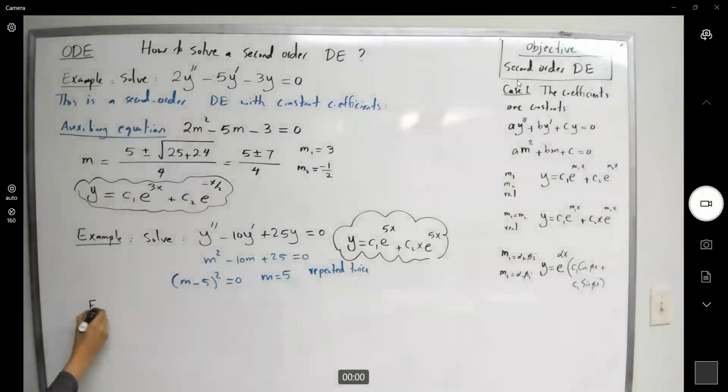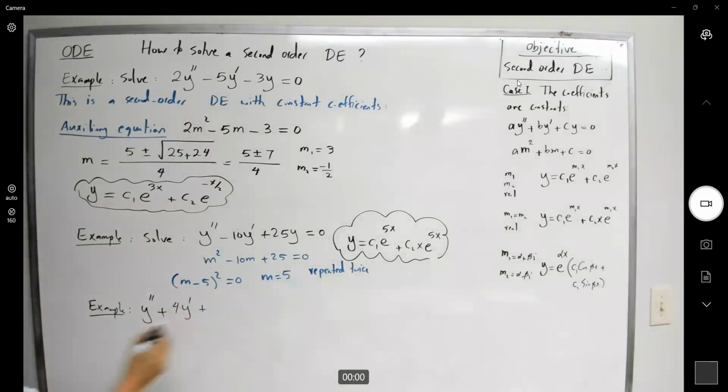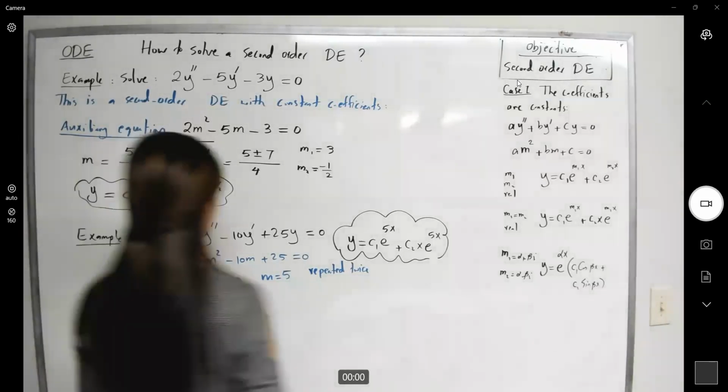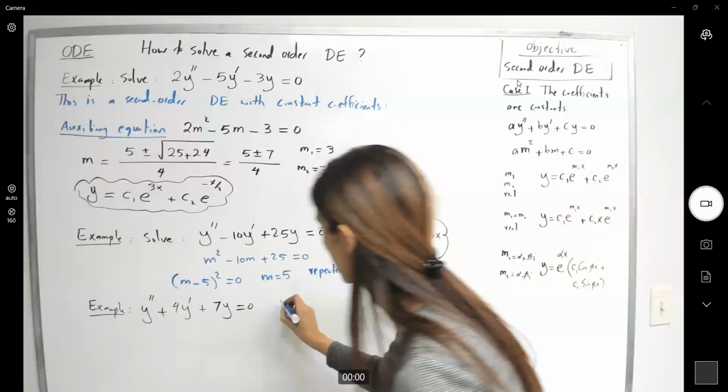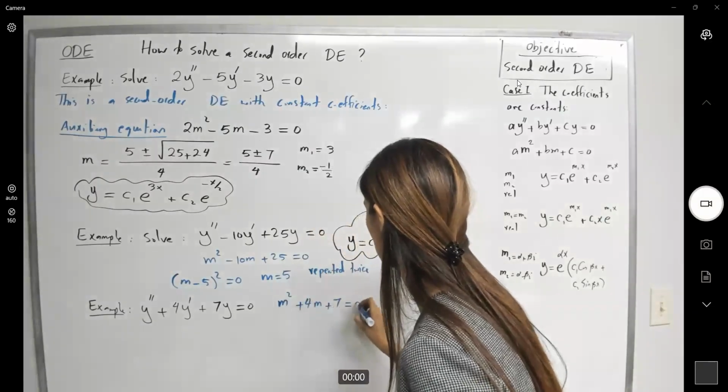And finally, the last example is the second derivative of y plus 4y' plus 7y equals 0. The same process. You get m² + 4m + 7 = 0.